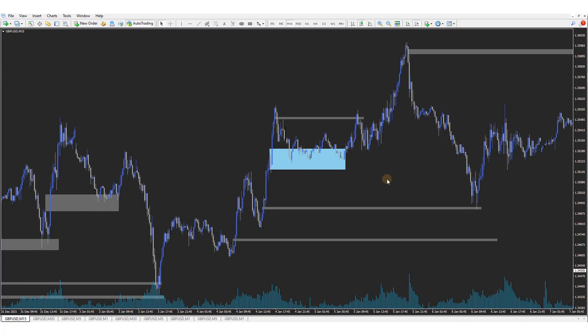It's even better when the imbalance pools match with the key level or are a bit above the supply or demand or below the supply. So it is like more confirmations. Even more confirmations are better for us, but you can choose what to focus on, of course, to not have too much mess on the chart.